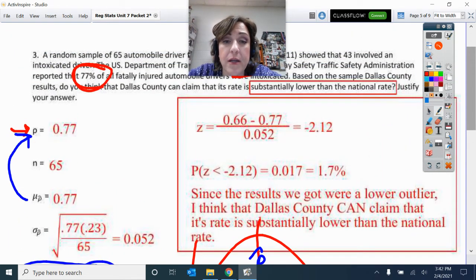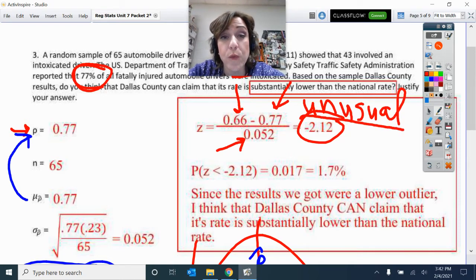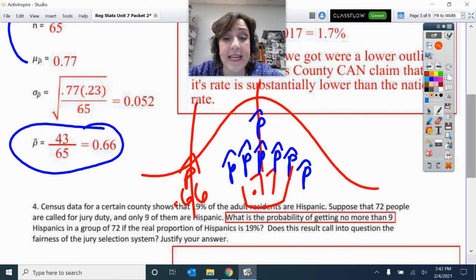Get a z-score. My p hat, see how far it is away from the national claim in terms of standard deviations. Look, it was a lower outlier. It is unusual. It is very unlikely that I would get that result if the data is centered here at 0.77.